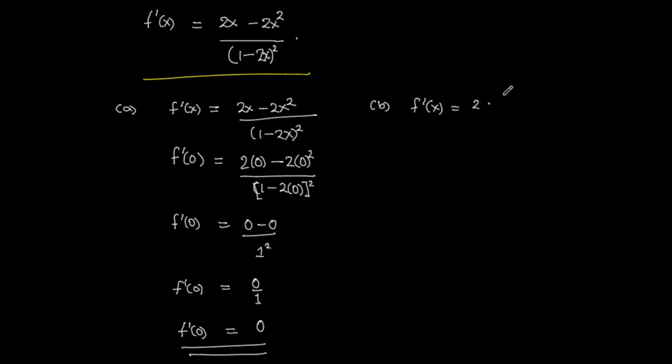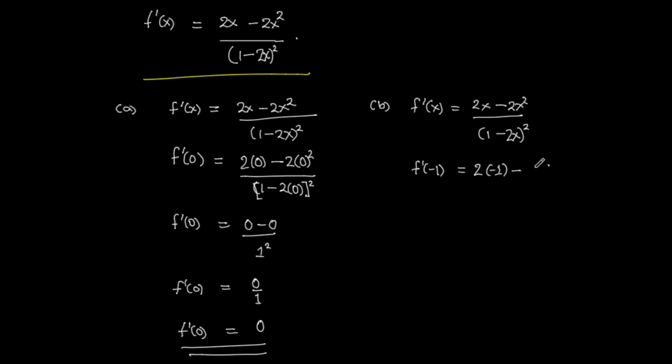That is the derivative we have just done here, 2x minus 2x squared all over the denominator 1 minus 2x raised power 2. And then again, from our question, we are given negative 1. Wherever we get x, we are plugging in negative 1.